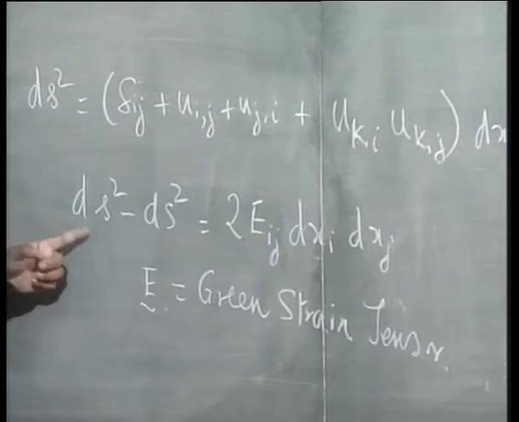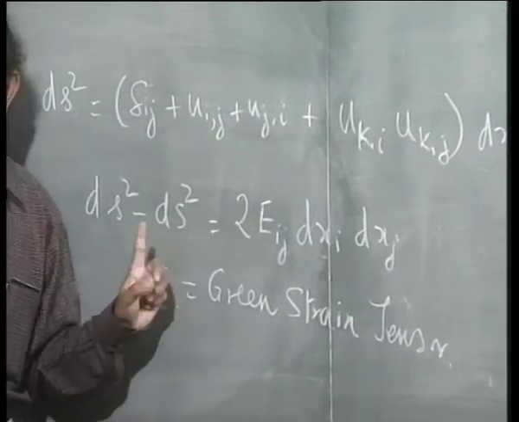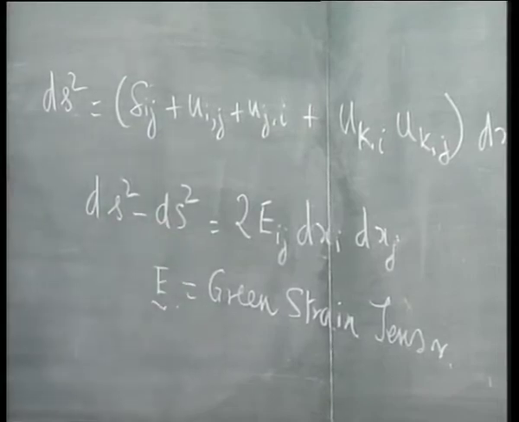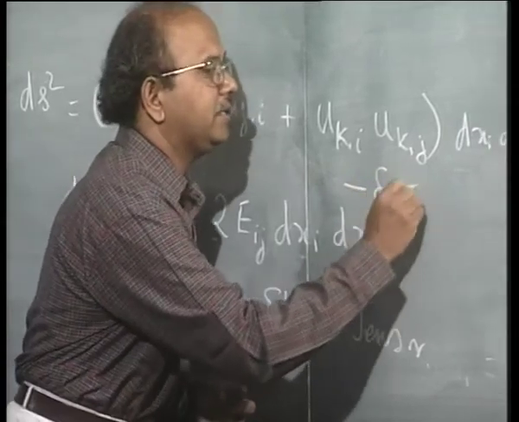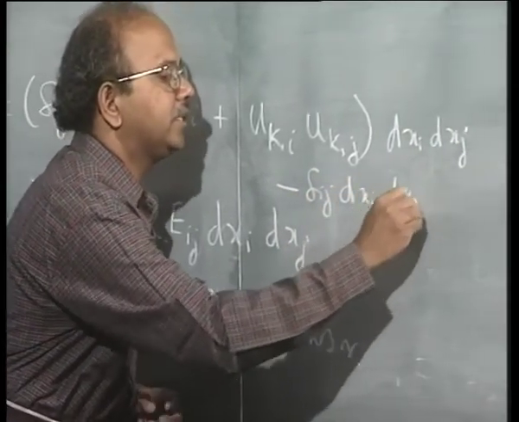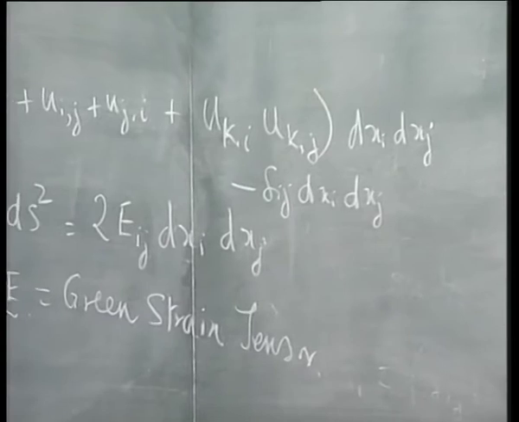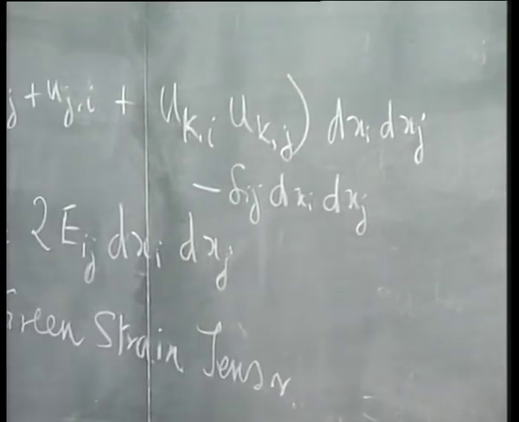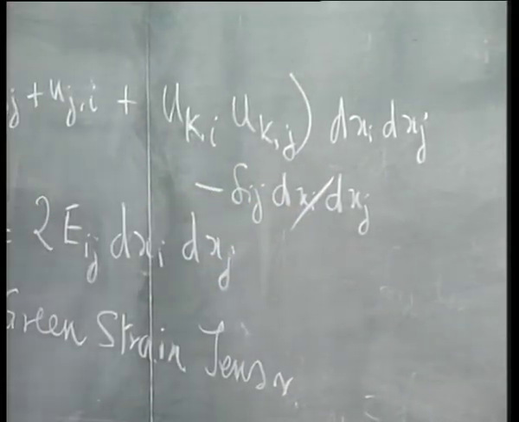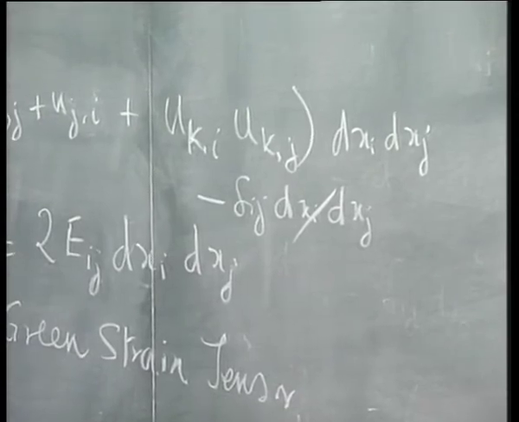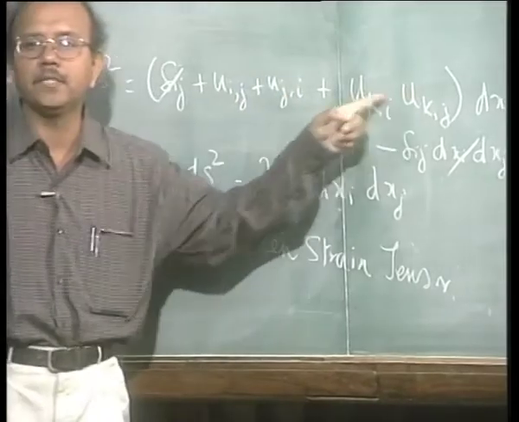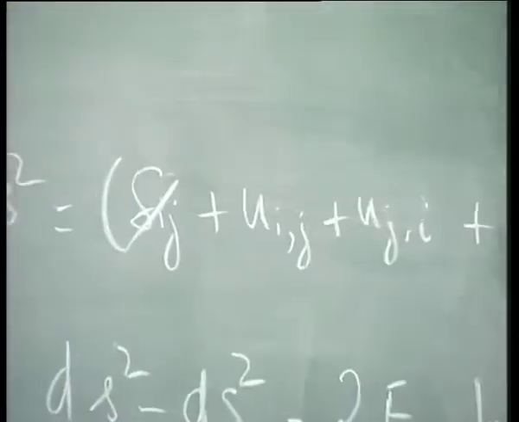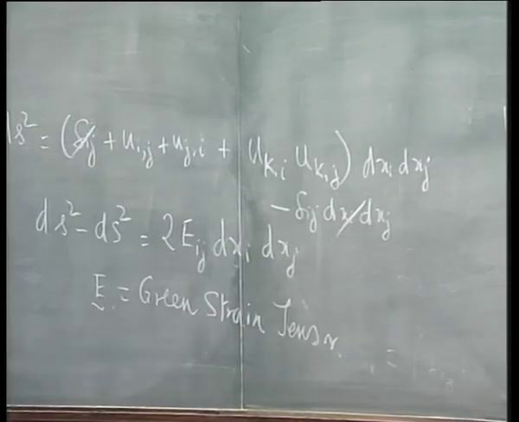Because ds squared minus d capital S squared, I said that it is minus delta ij dxi dxj, and hence these terms cancel, and hence Eij is equal to half of ui comma j plus uj comma i plus uk comma i uk comma j.